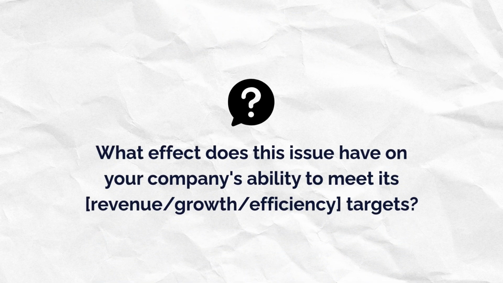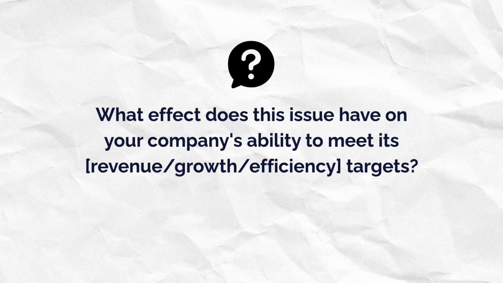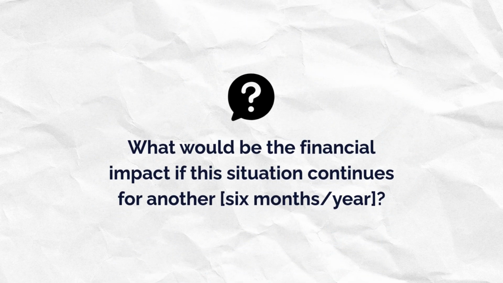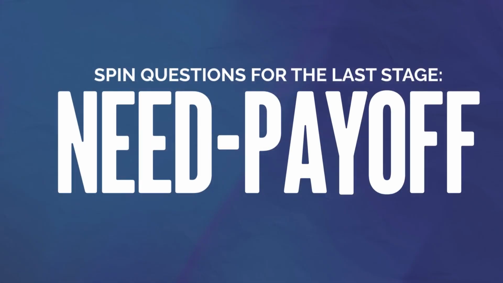What effect does this issue have on your company's ability to meet its targets, its timescales, its growth? What would be the financial impact if this situation continues for another 6 months or year?